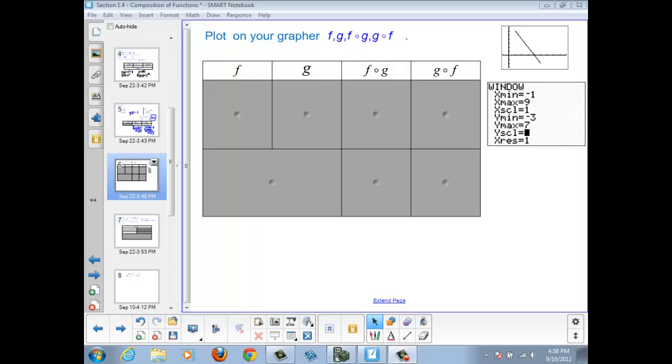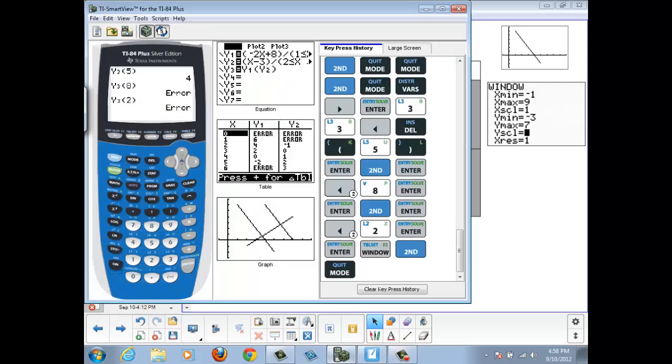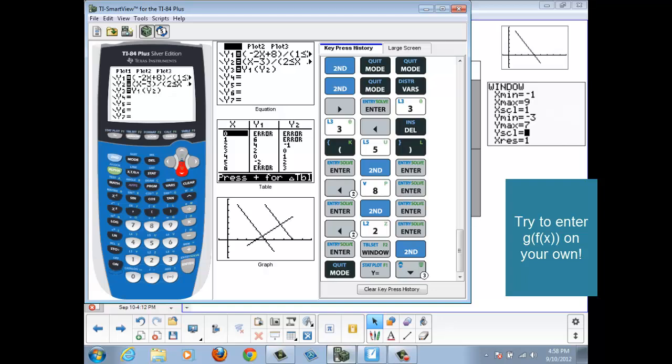All right, so if we go into our calculators, we've already got in y equals f and g and f of g. I'm going to go down to y4 and put in the notation for g of f of x. You might want to think about that, pause, and try that yourself before you see how I do it.